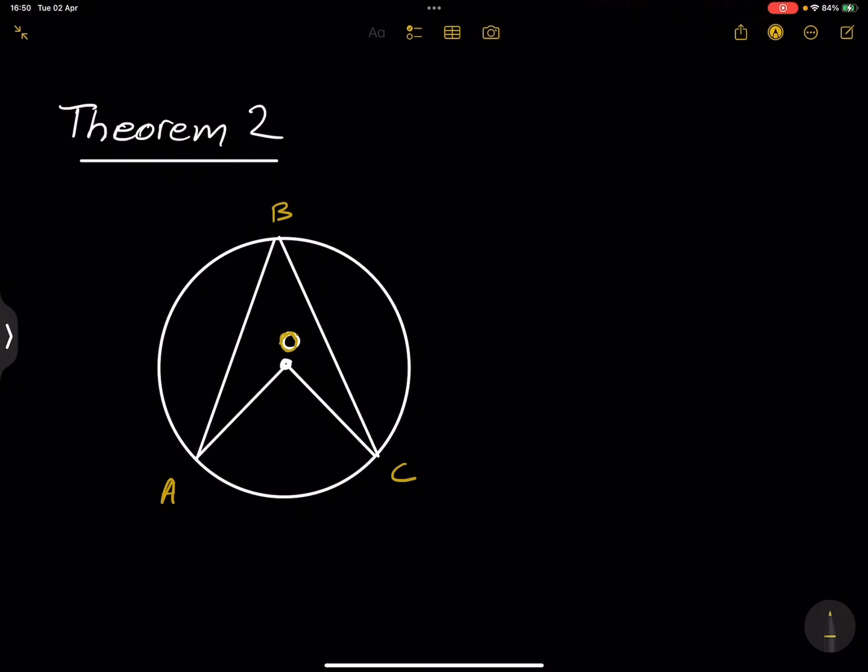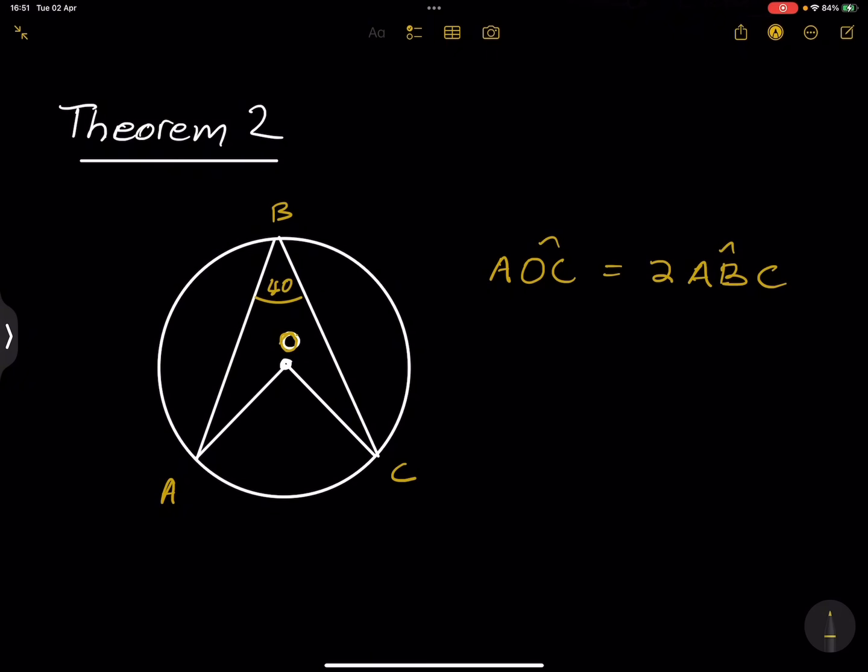So what does that mean? It means that angle AOC is equal to 2 times angle ABC. Now I want to state this very clearly. Supposing that this angle here is 40 degrees, I'm just making an example.